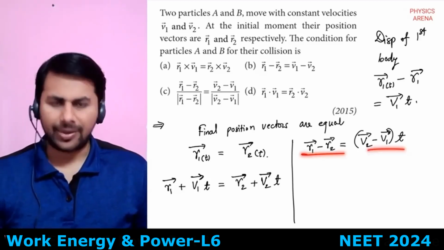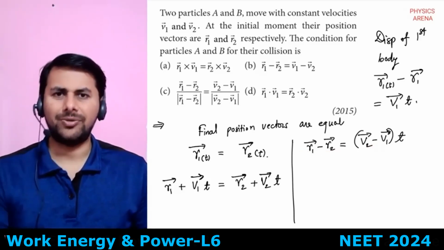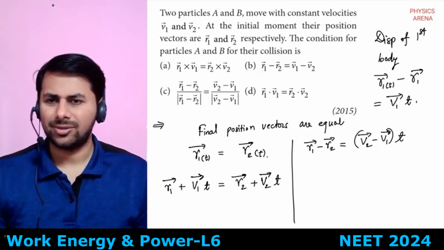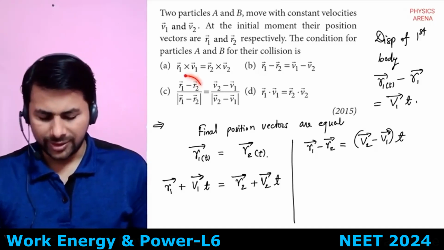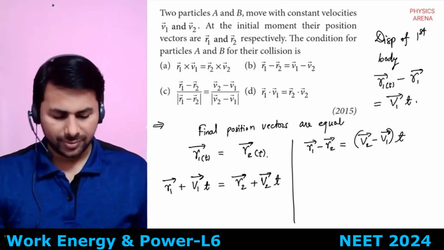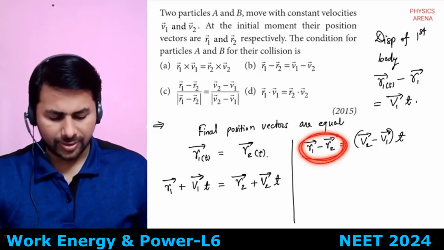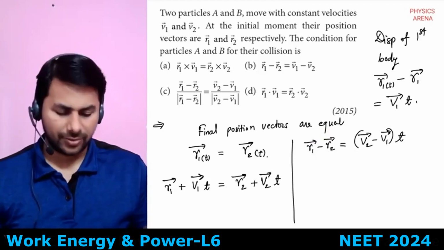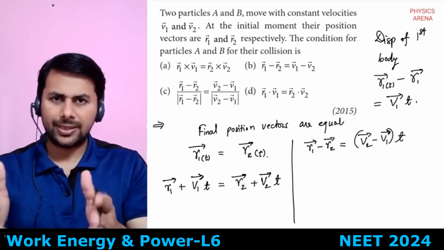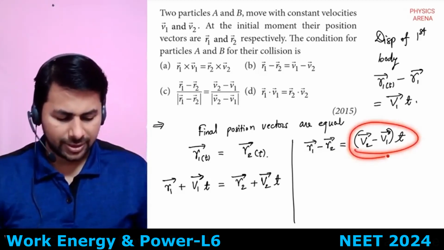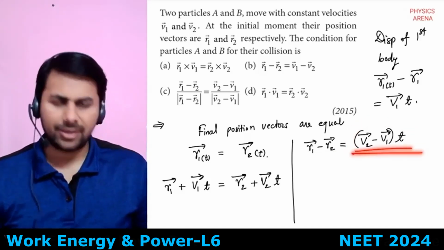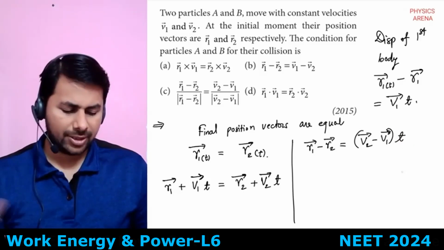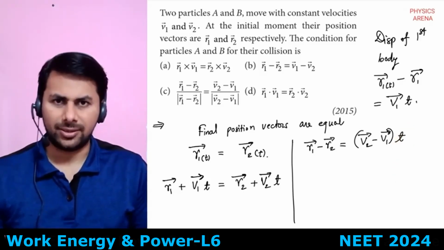Because if two vectors are parallel, then their unit vectors are equal. These are unit vectors. The unit vector in this direction will be this vector divided by its magnitude, and you will have time in the numerator and time in the denominator, so the time will get cancelled.